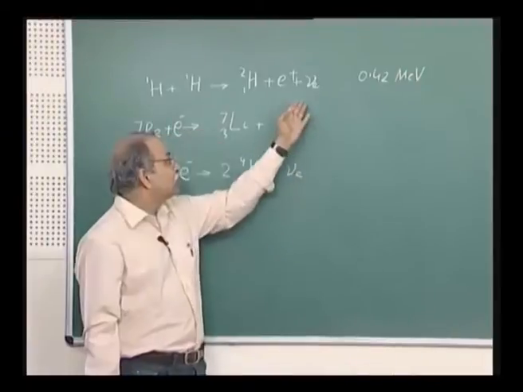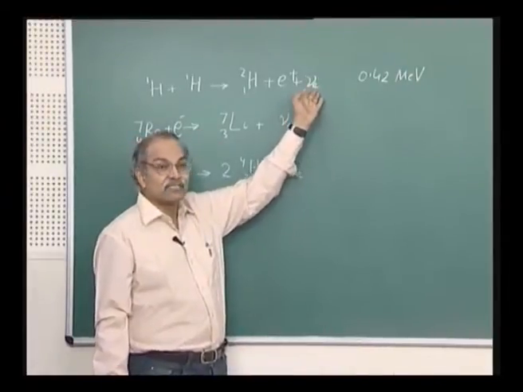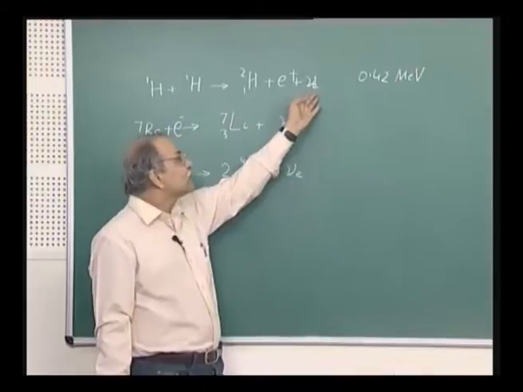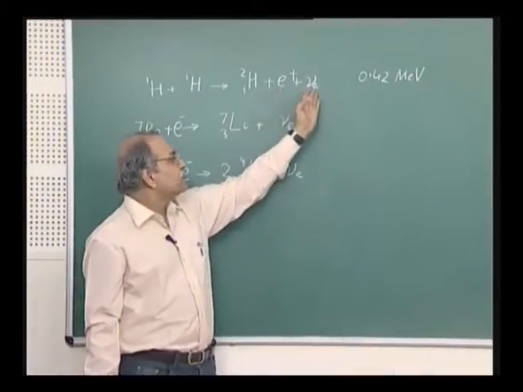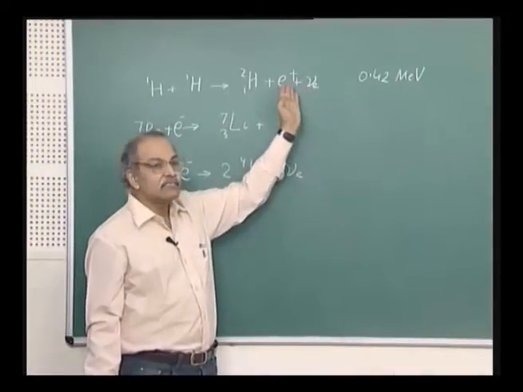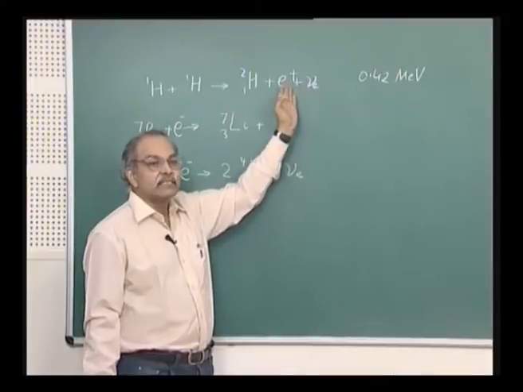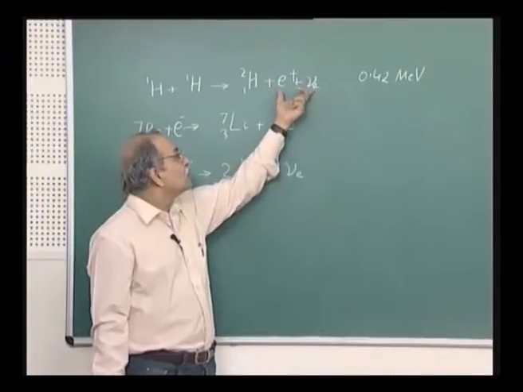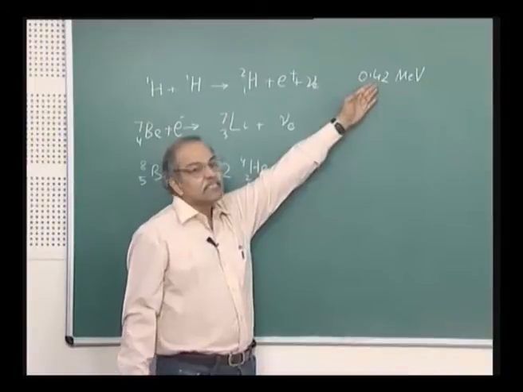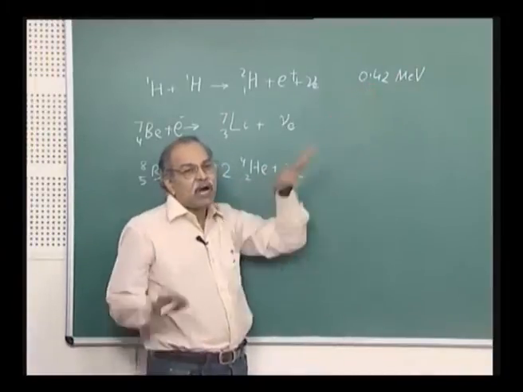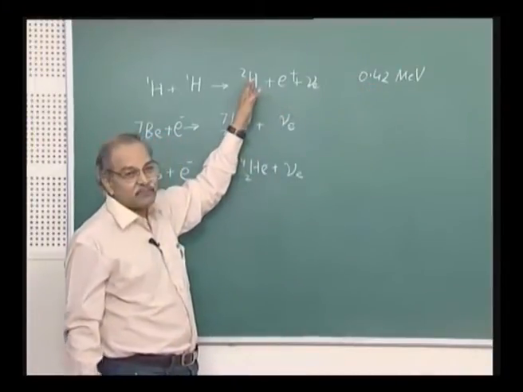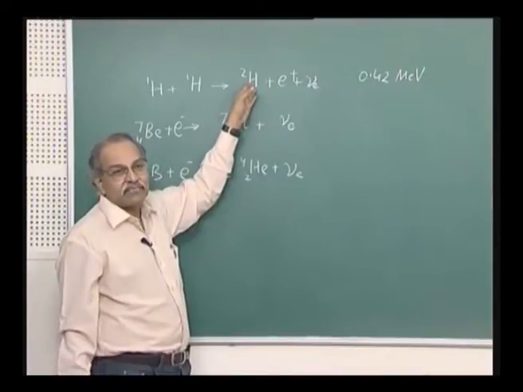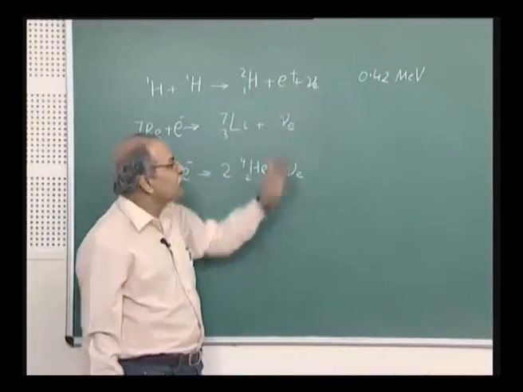That is how Pauli proposed the existence of neutrinos. So, both this positron and this neutrino will have a continuous energy distribution, because the total should be given by this 0.42 MeV, barring some small recoil energy that might have been taken by the 2H. So, it is a continuous variation.